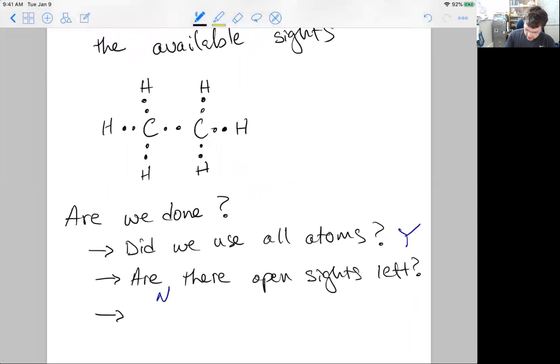Now the last check, and this check is quite important, it turns out, is, do all atoms satisfy the octet rule?